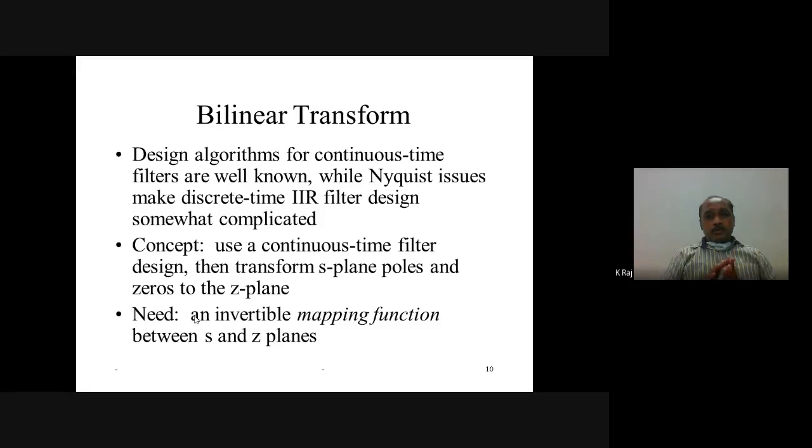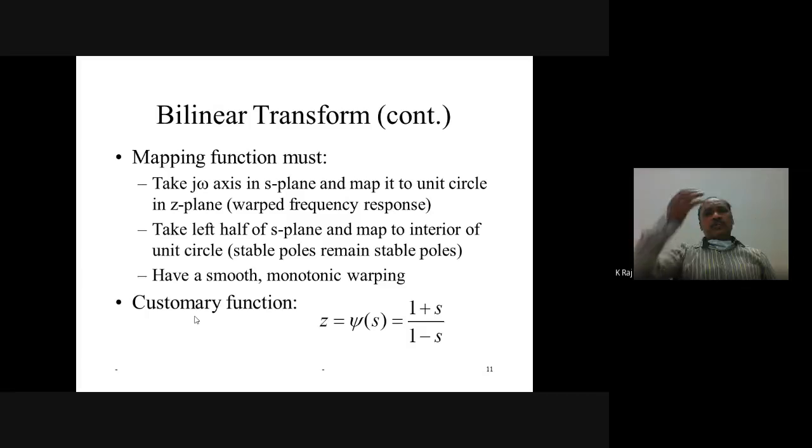Naturally, a mapping is required from the S plane to the Z plane, and there are different procedures or methods that are used in order to transform the performance from the S plane to the Z plane. And these transformation methods must include, the first one, that the j omega axis in the S plane has to be mapped to the unit circle in the Z plane.